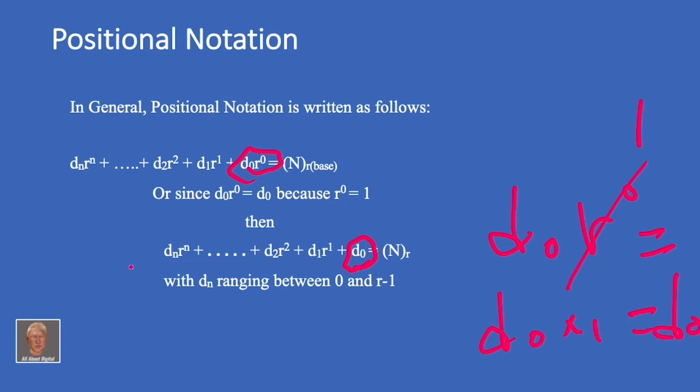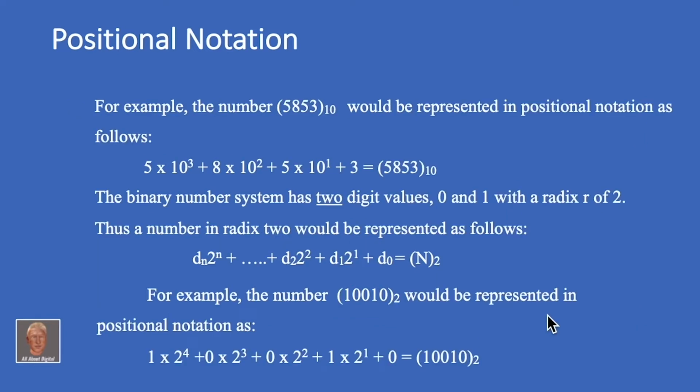Okay? So this is the equation of any number system with the radix r and the digits ranging between 0 and r minus 1. So that is the general formula for the positional notation.